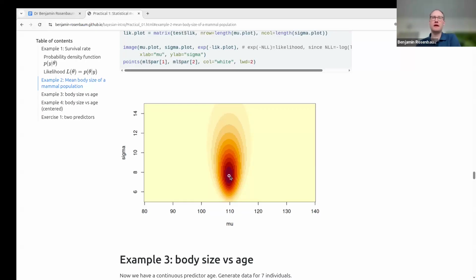And you see that it has this classical concentration in the middle, and the likelihood drops if you go to the left or to the right and so on. But again, in this two-dimensional representation, this curvature is not a two-dimensional probability function.